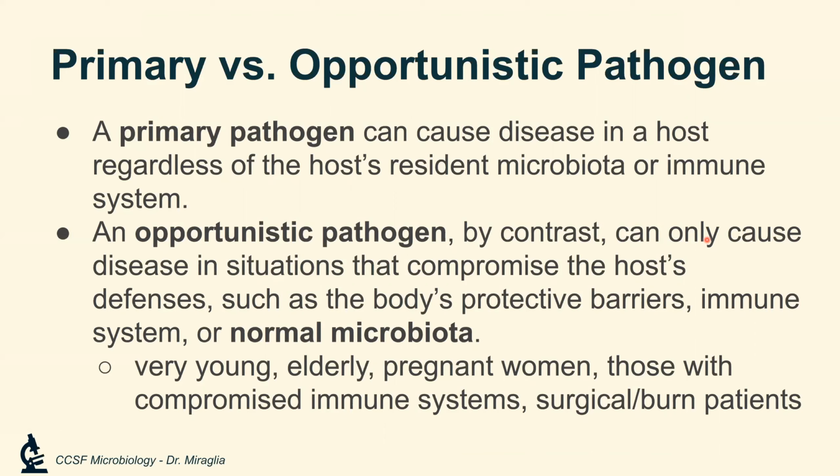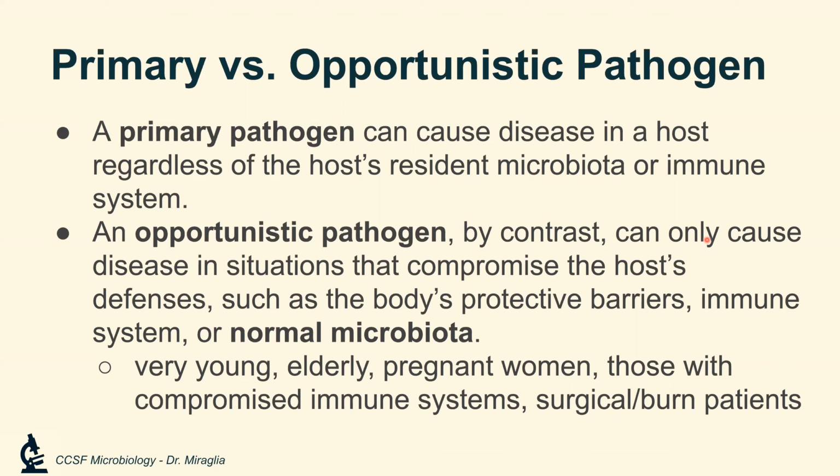So for example, if someone doesn't have a strong immune system because they're infected with HIV, they're going to be more vulnerable to having varicella zoster virus reactivate as shingles, or getting their tuberculosis to go from latent to active disease. So those would be acting as opportunistic pathogens because the person had a compromised immune system.